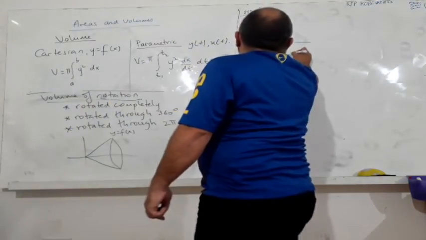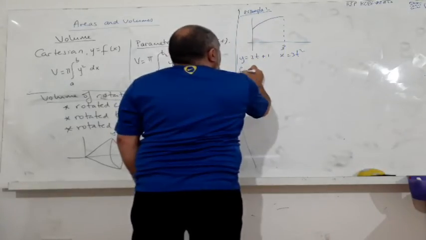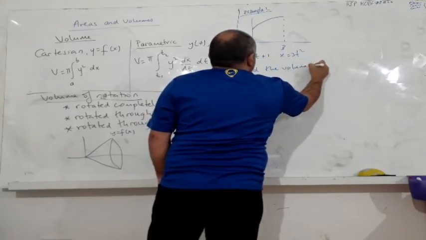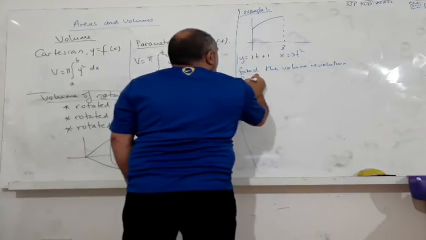Find the volume of revolution from x is 0 to x is equal to 3.